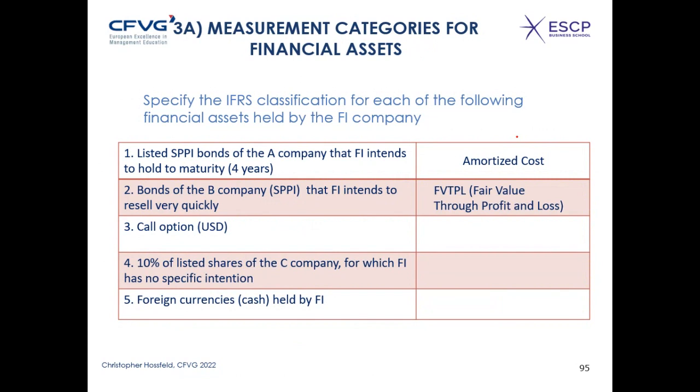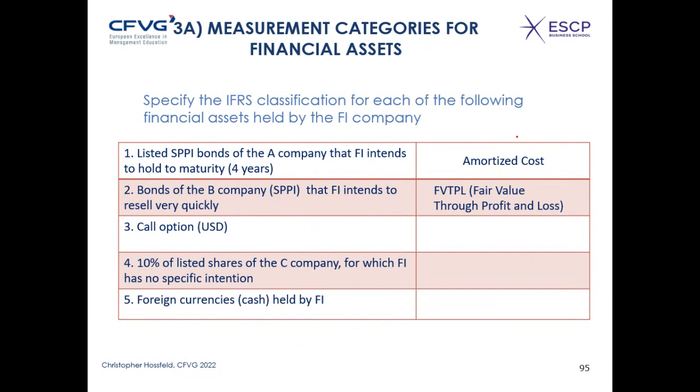Then I have a call option for US dollars. Can anyone tell me what the call option is? You know that? Call option on US dollars. What is a call option? The derivative, yes, that is correct. But what can I do with this option?